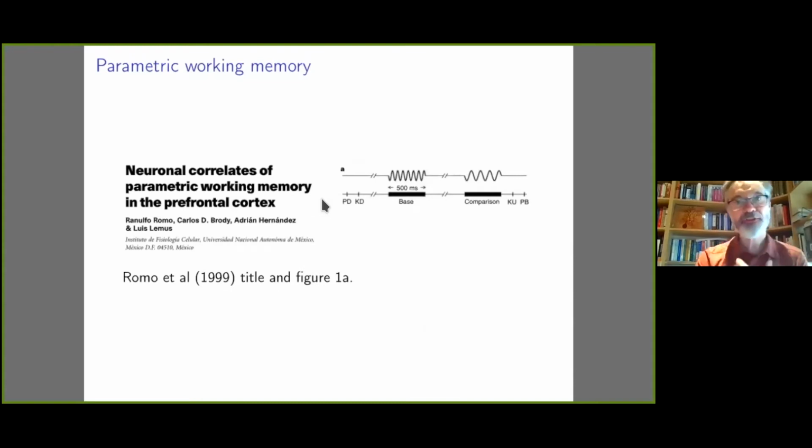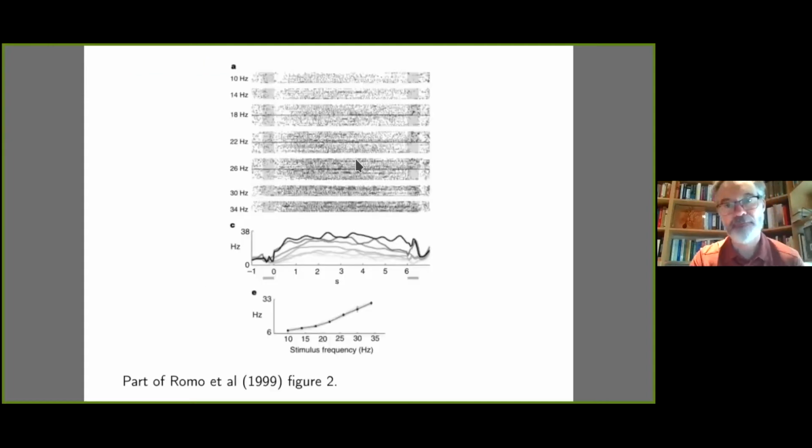More sophisticated paradigms yet. Here, the monkey touches a stick, a plastic stick, and the stick is vibrating at a given frequency. So that's the cue. And after a delay, it starts vibrating again, and the monkey must decide if it's the same frequency of vibration or not. Here you have a neuron that responds specifically to these stimulations.